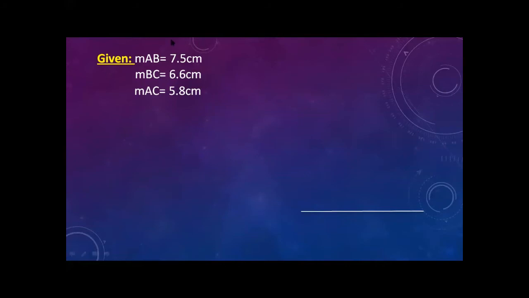We draw a baseline of 7.5 centimeter starting from A to B. The starting point is A and the ending point is B. This is the baseline of 7.5 centimeter, starting from A till B.